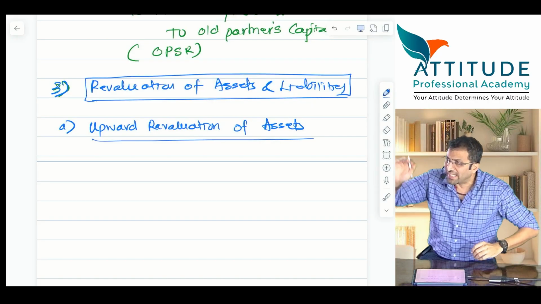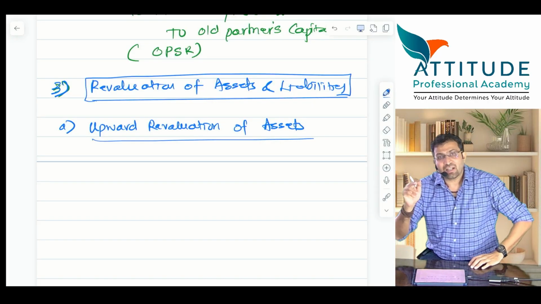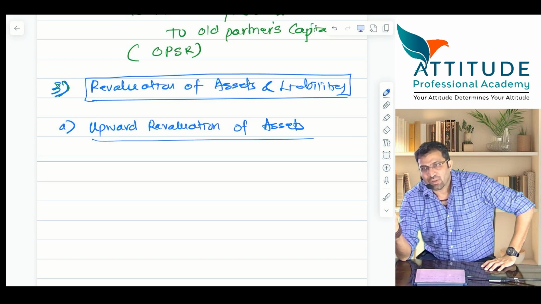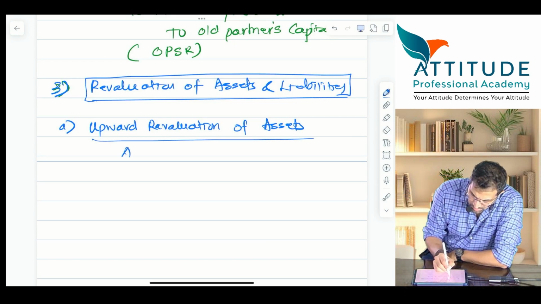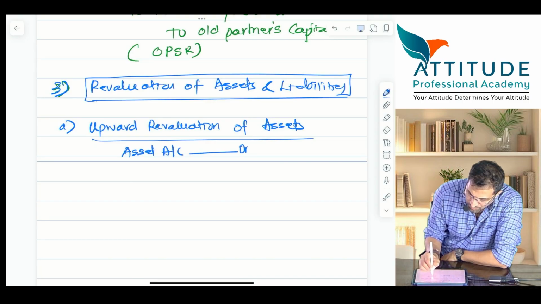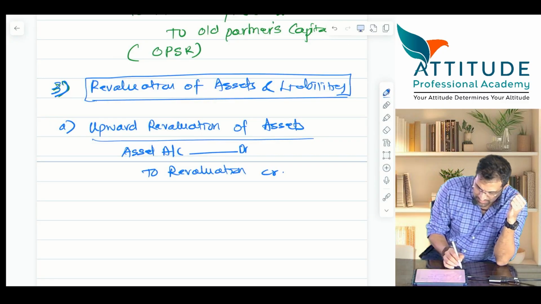So 50 increase has happened, or not? Value of the asset. Entry. Asset account debit to revaluation account. It will be credited to revaluation. Is that clear? So entry bolo. Asset account debit to revaluation account. Revaluation account is credited. Is that clear? B.